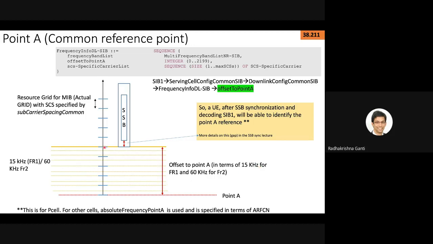Even though the grid may be 30 kilohertz or 60 kilohertz or whatever, the offset to point A is always specified in 15 kilohertz. Does this make sense? Once the UV is able to understand point A, it knows exactly where the resource grid is. So that is called point A.